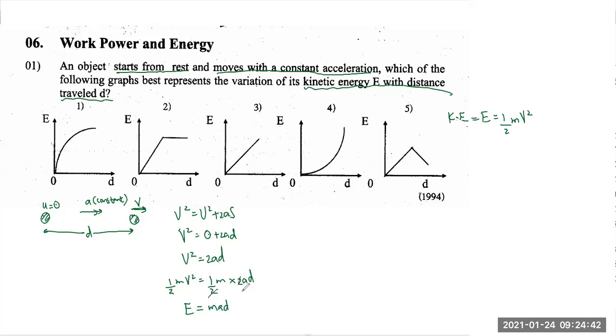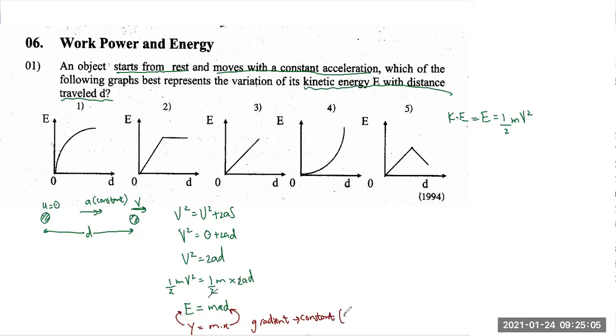So you can compare this equation to the shape of y equals mx, given that kinetic energy is on the y-axis, distance is on the x-axis, and more importantly, remember the gradient is constant. Why am I saying that the gradient is constant?